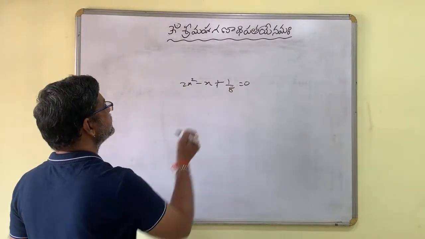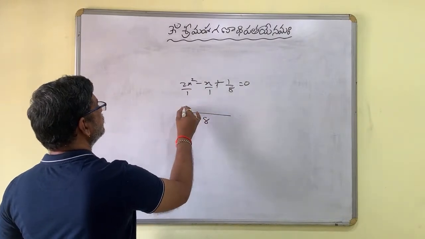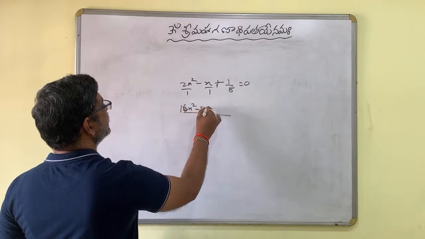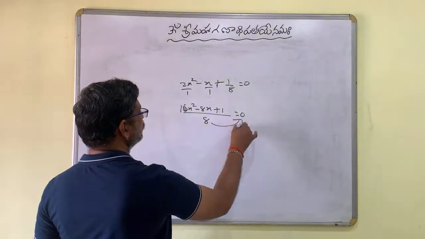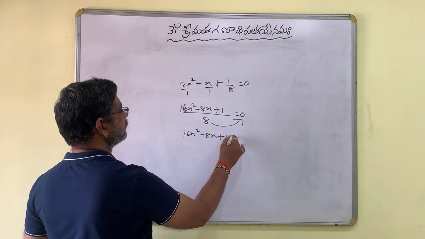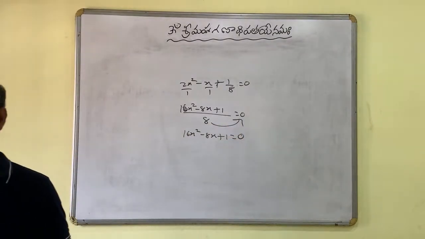Take LCM 8. This becomes 16x square minus 8x plus 1 is equal to 0. Now send this one to that side: 16x square minus 8x plus 1 is equal to 8 into 0, 0. Okay.